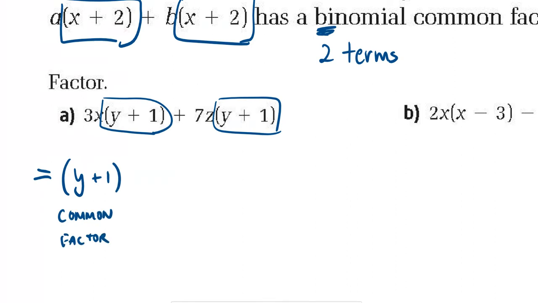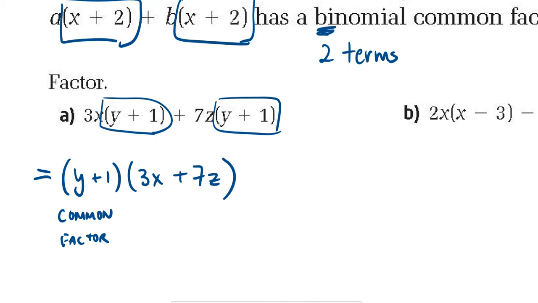What we're doing is dividing out that common factor, and then you write out the leftovers. 3x times (y plus 1) divided by the common factor is 3x, and 7z times (y plus 1) divided by the common factor is 7z. And there you go.